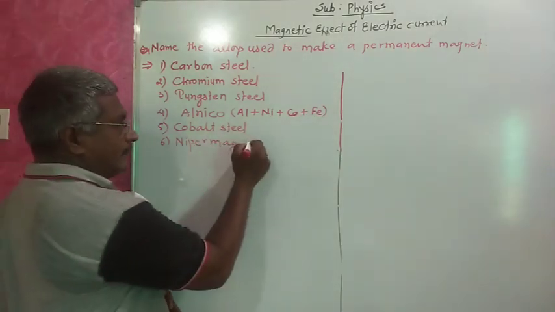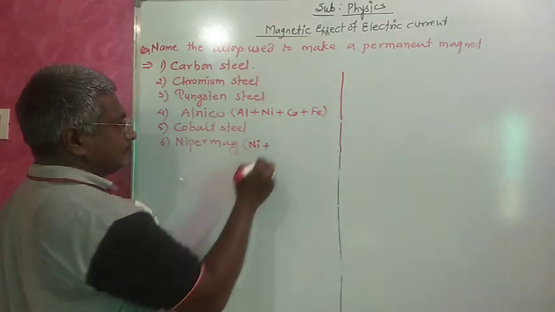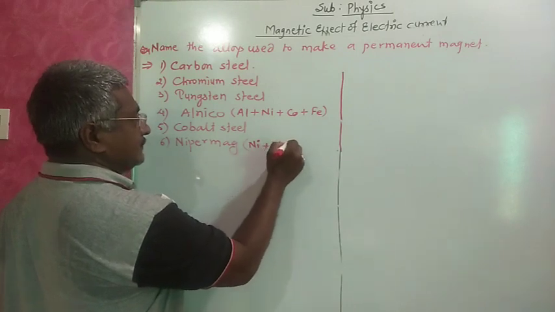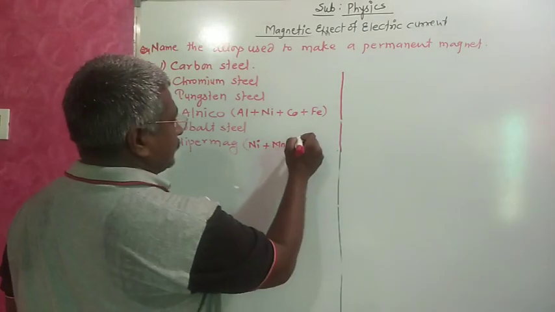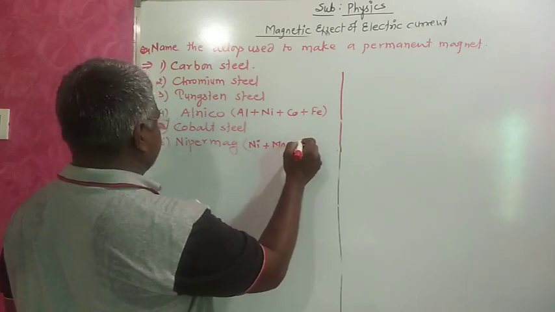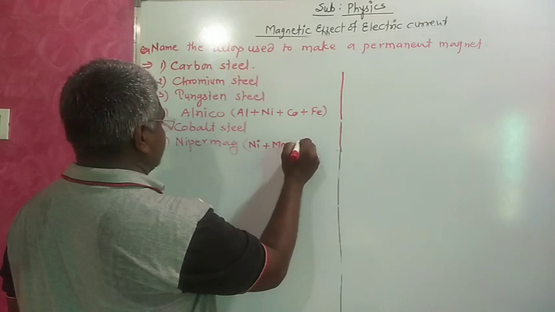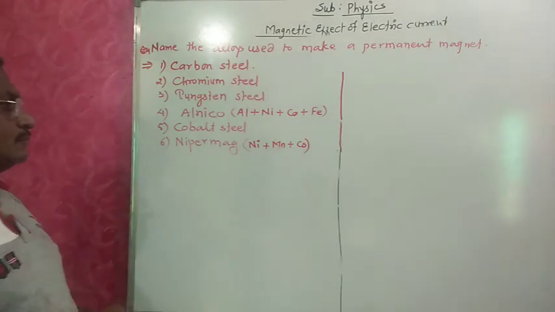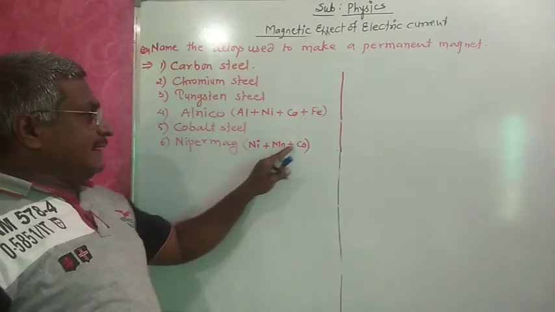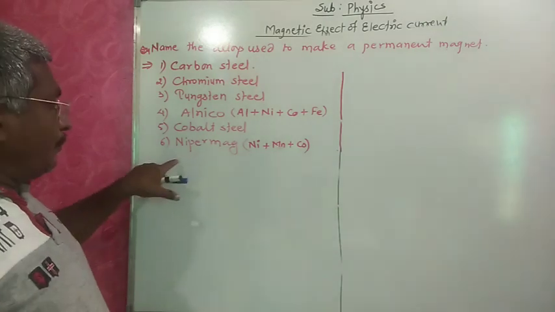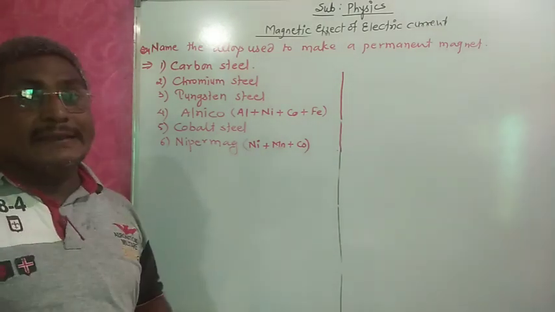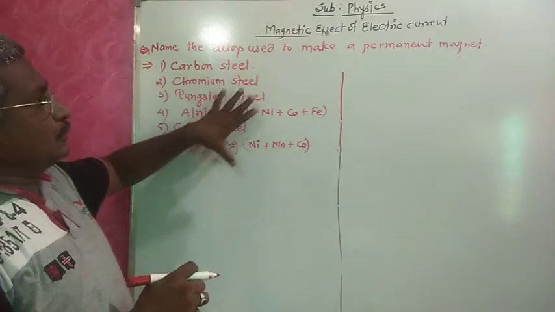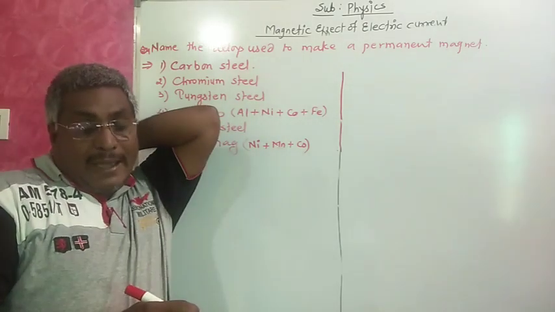Here Nippermug: nickel, manganese, Mn, then cobalt. So nickel, manganese, cobalt. Using this it is forming the Nippermug. So okay students, these are the alloys used to make a permanent magnet.